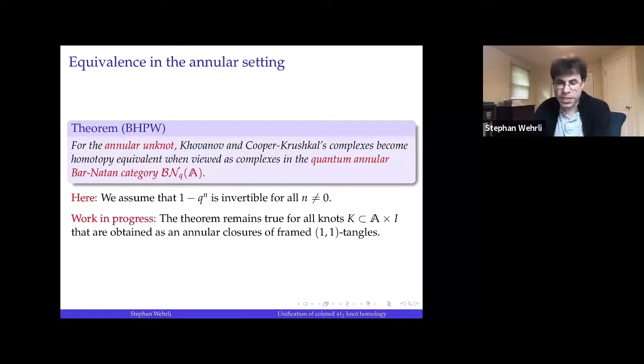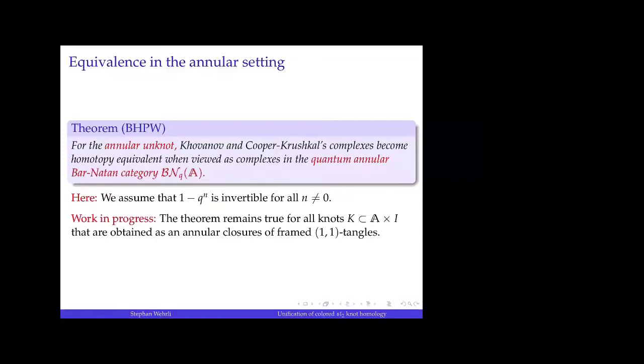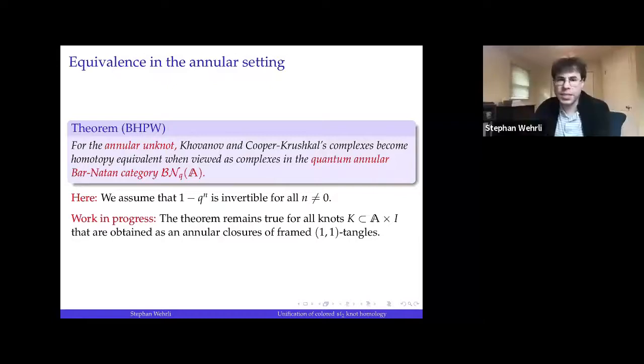And we use basically Bar-Natan's setting, so we regard them as complexes in the Bar-Natan category, but actually we want to view them as complexes in the quantum annular Bar-Natan category, which is some deformation of the Bar-Natan category. So this quantum annular Bar-Natan category depends on some parameter Q. And what we can show is that in this category, Kavanagh and Cooper-Kruskal's complexes become homotopy equivalent.